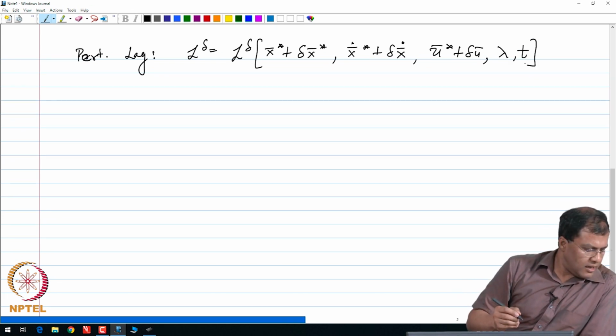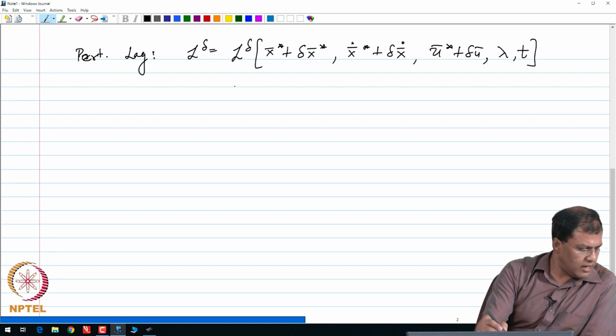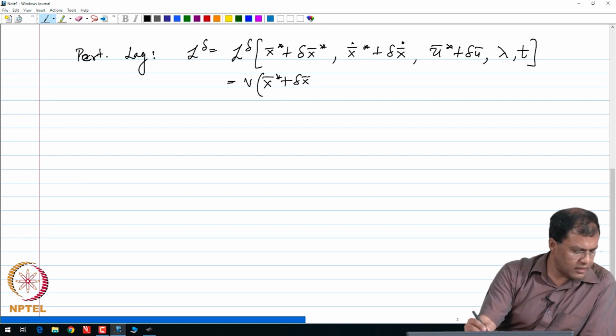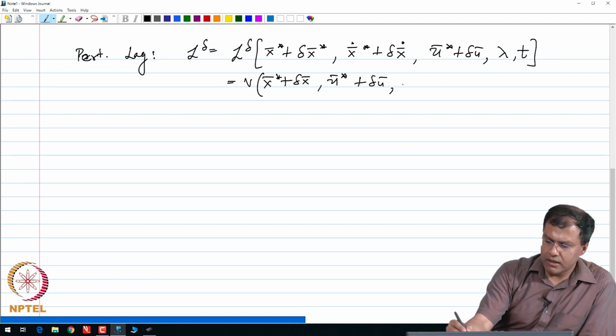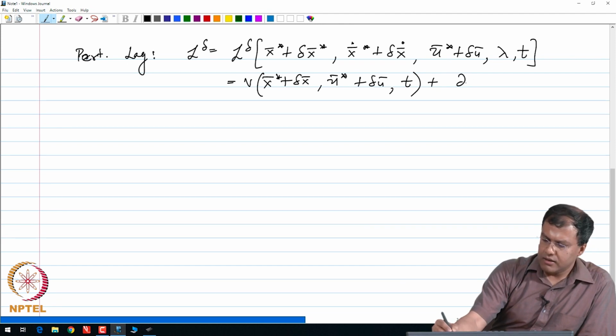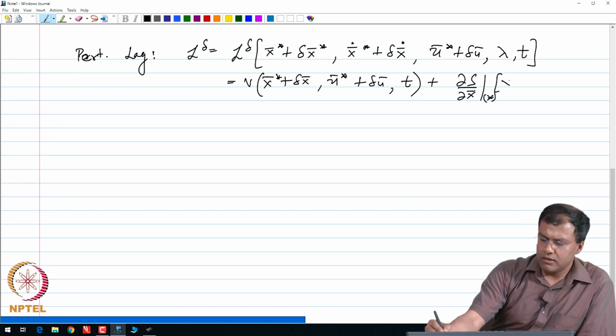And then we can always expand this perturbed Lagrangian. So, this becomes V of x bar star plus delta x, u star plus delta u, t, plus the partial s partial x at the starred condition times x bar dot at starred condition plus delta x.